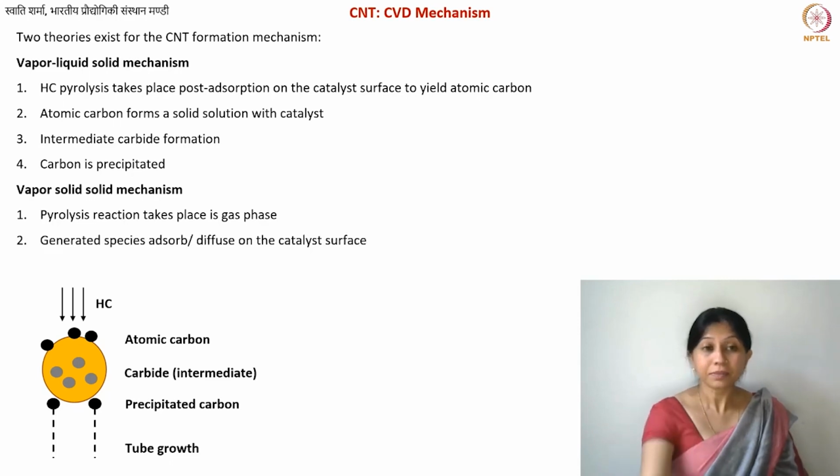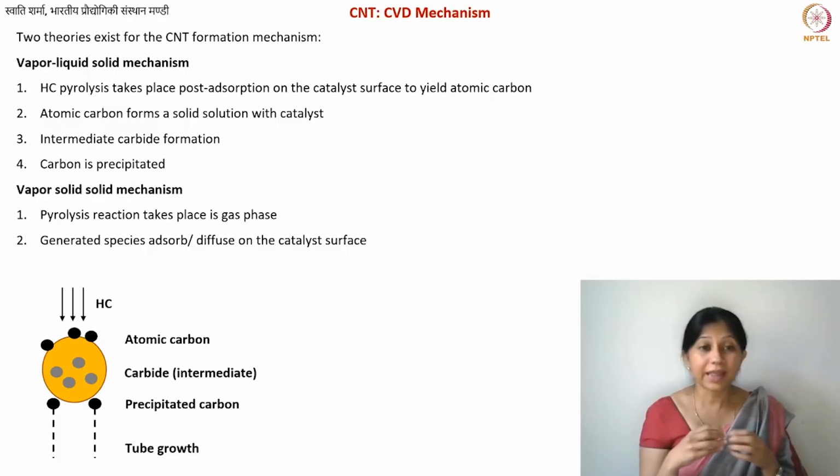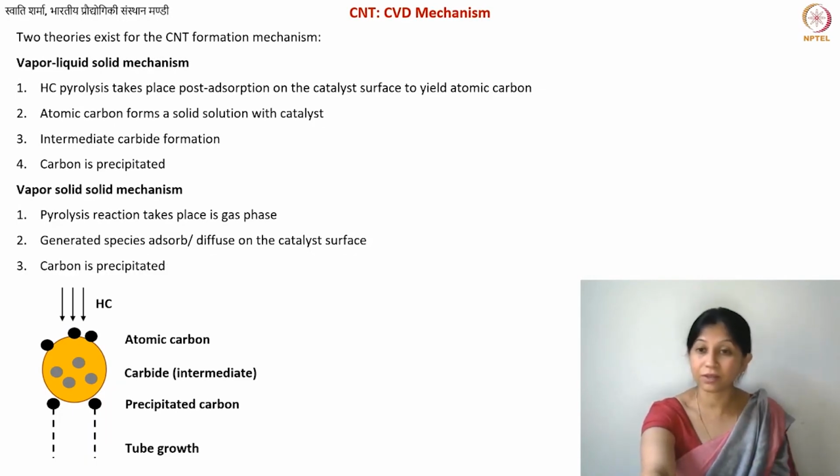Whatever species are generated, in the case of carbon nanotubes they are rather atomic species, or at least very small ones. They get absorbed and then diffuse through your catalyst substrate. This sounds very similar to what we learned in the case of graphene, especially with the nickel catalyst. Ultimately carbon is precipitated out.